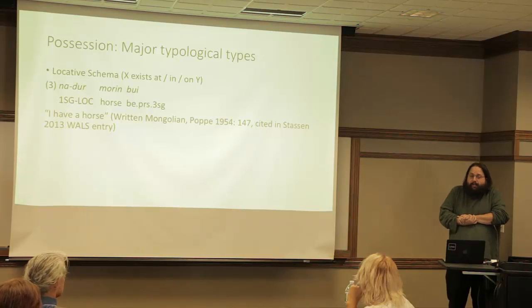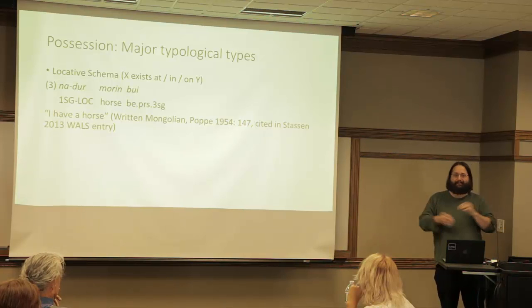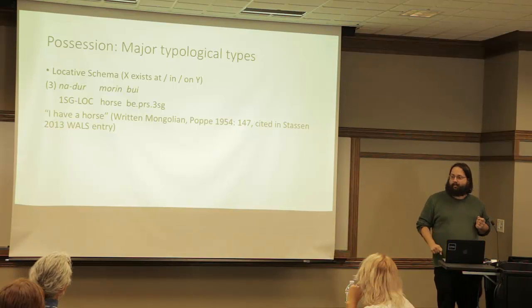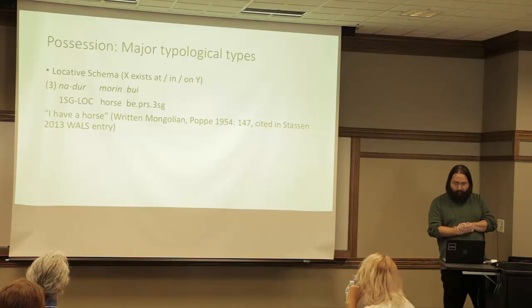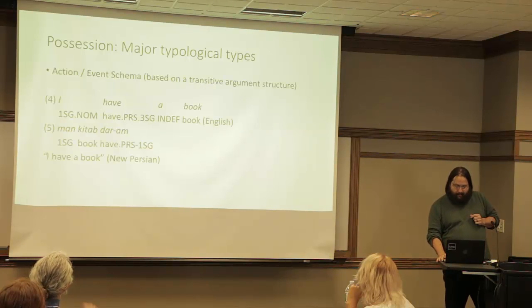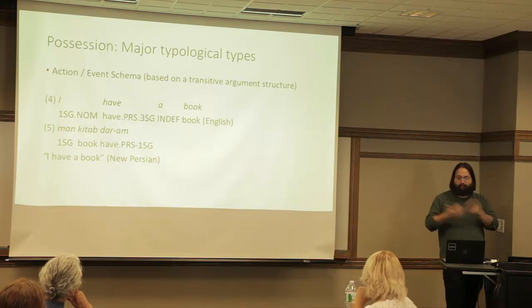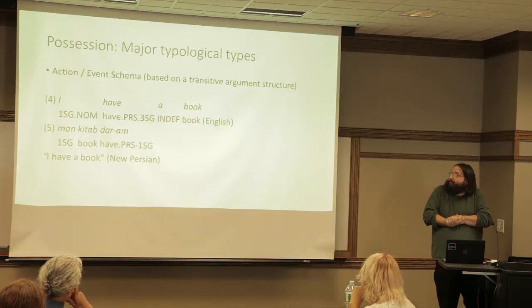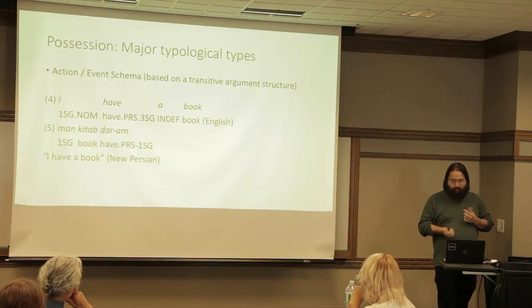There is the locative schema, which people have been mentioning here already, and I gave this from Mongolian because it is actually cited in the World Atlas of Language Structures. And finally, there is the action or event schema, where you have something like a have verb, which I gave from Persian and English.